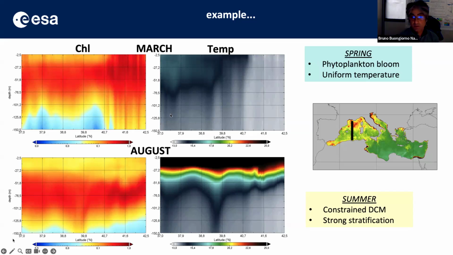And just as an example of what can be seen in our reconstruction, there's this transect going from north to south across the Western Med, crossing the Gulf of Lion area, which is well known for its deep water formation events that are followed in spring by very strong blooms, which are related, of course, to nutrient flux from the deep layers, and then restratification effects and proper light conditions in spring.